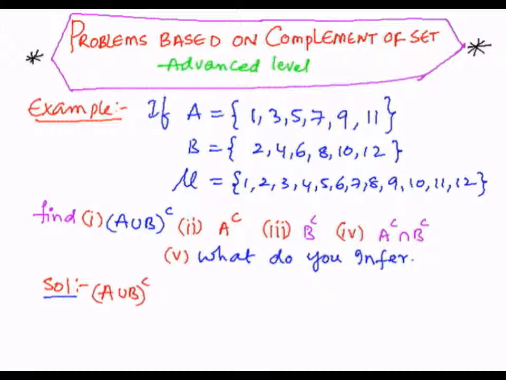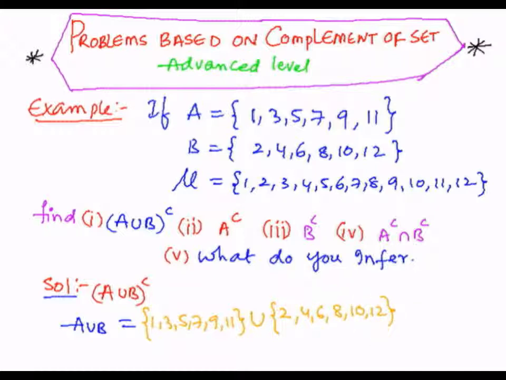In order to find A union B whole complement, first of all we need A union B. So let us find A union B, that is, within brackets A union B. We are going to find the union of these two sets, A and B. Set A elements are 1, 3, 5, 7, 9, 11, union with set B, whose elements are the even numbers 2, 4, 6, 8, 10 and 12.